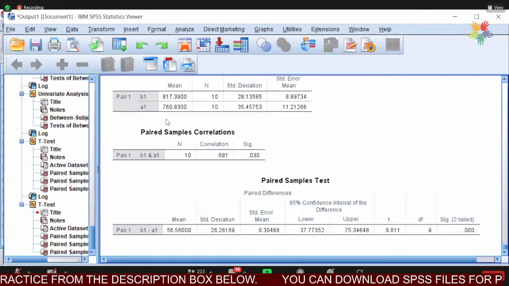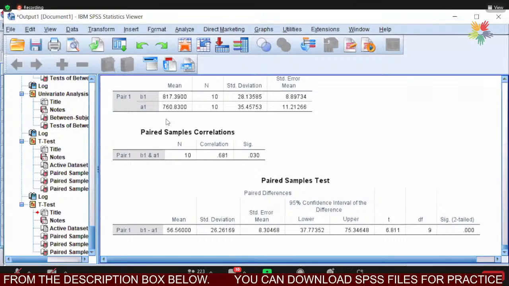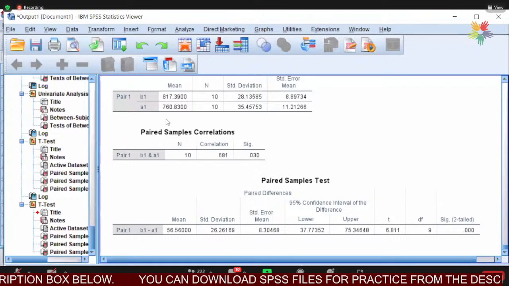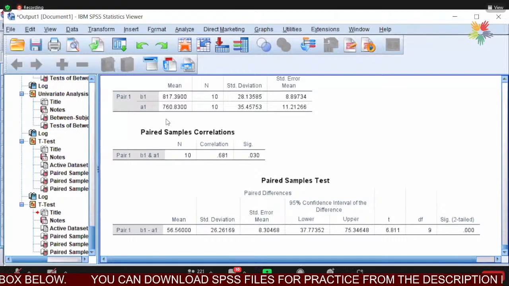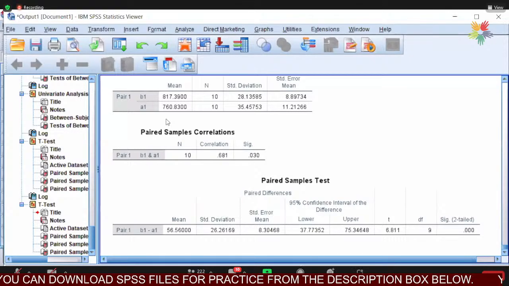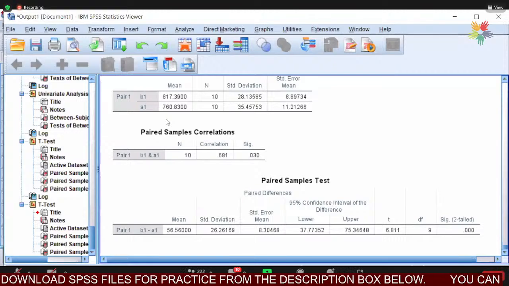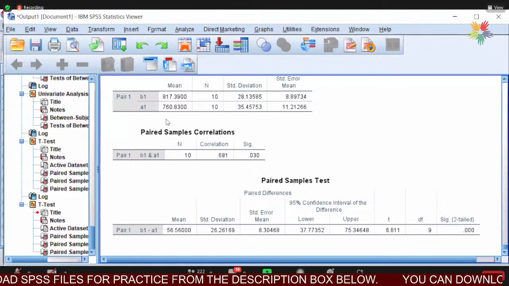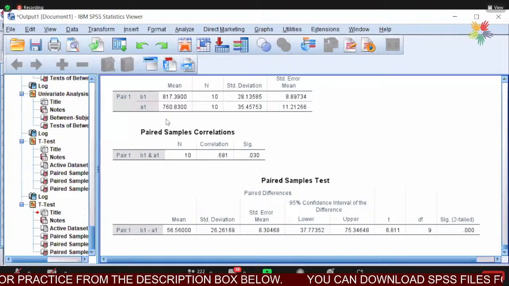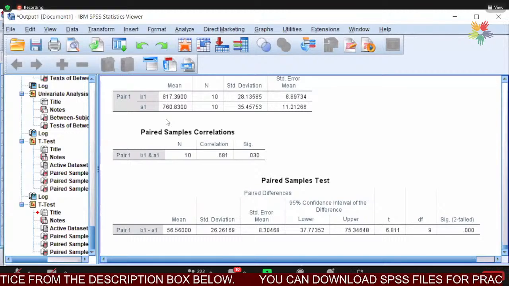You have a tablet, so we give the tablet to them. Before giving the tablet, what was the fever? After giving the tablet, what is the temperature? Whether the temperature has come down. When the temperature has come down, then we can say this tablet is producing an effect.